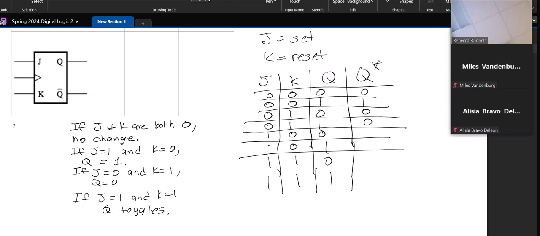If J is 1 and K is 0, then our next value of Q is going to be 1. And if J and K are both 1, then Q toggles. So when Q was 0, it becomes 1, and when Q was 1, it becomes 0.